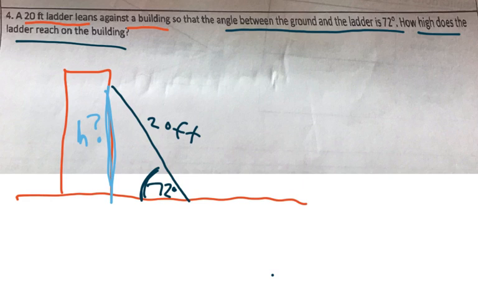Notice that the missing height is opposite our 72-degree angle. And notice that this 20, in essence, is our hypotenuse. So according to SOHCAHTOA, what uses opposite and hypotenuse, right?